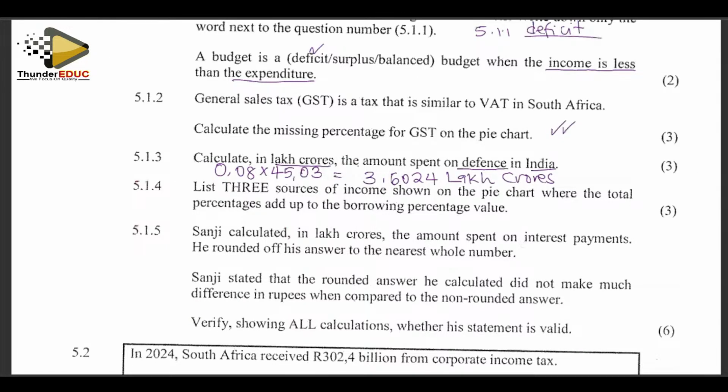Let's write those items down, which is corporation tax, then we have income tax, and lastly, customs.